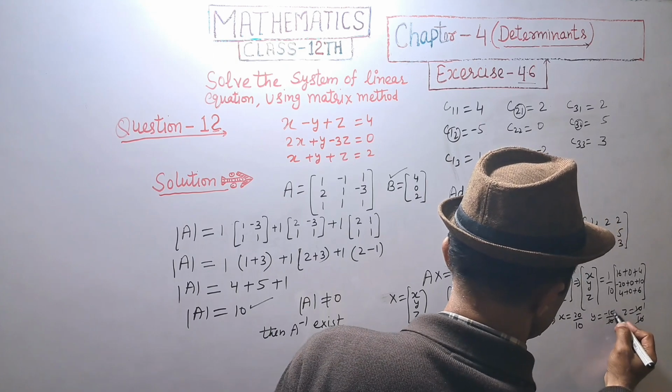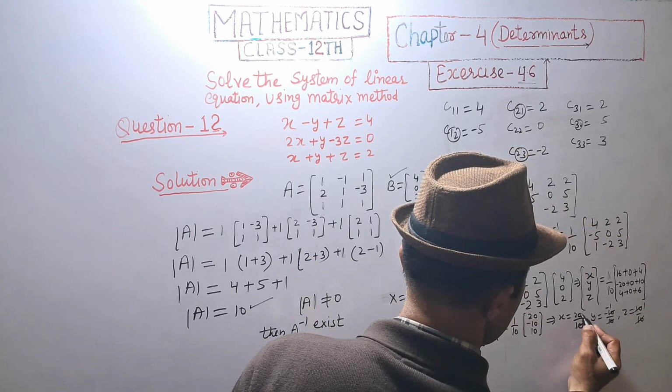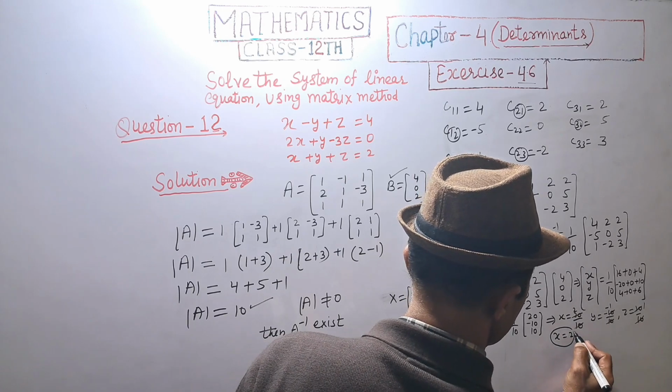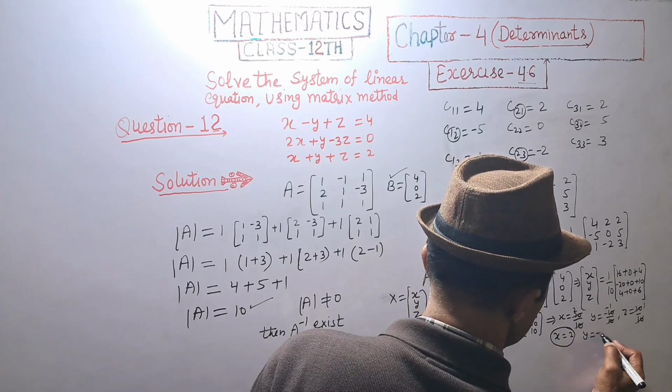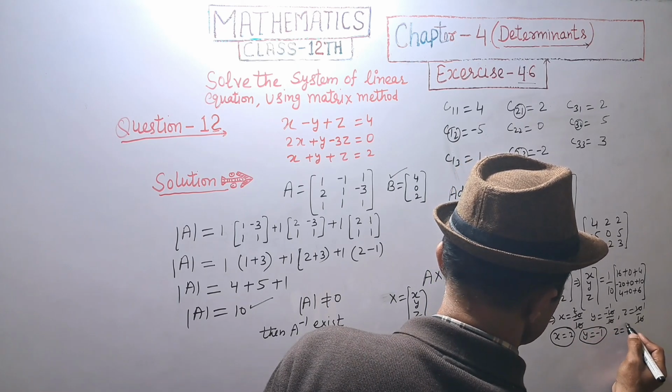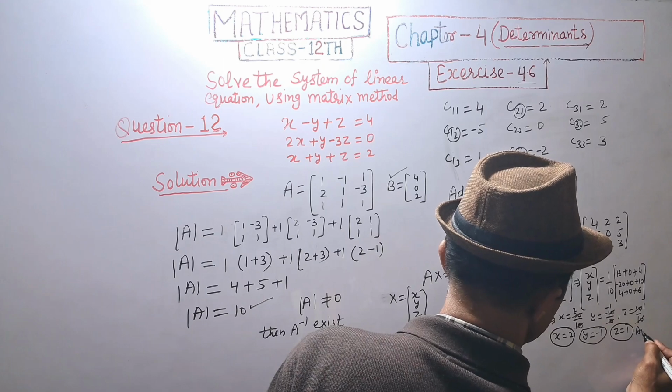That is 1, that is minus 1, and that is 2. X is equal to 2, y is equal to minus 1, and z is equal to 1.